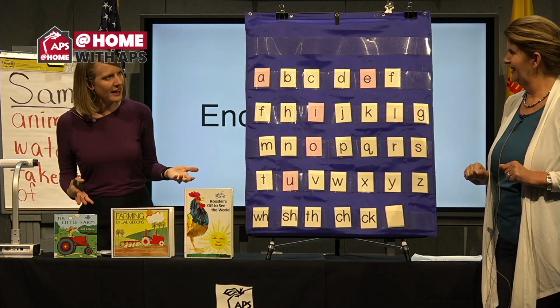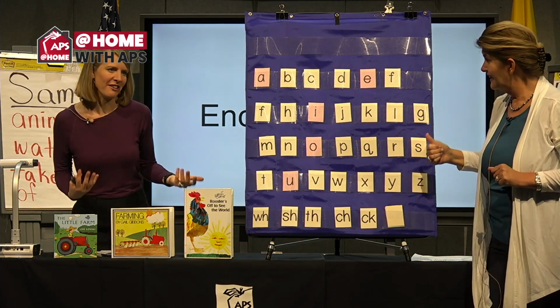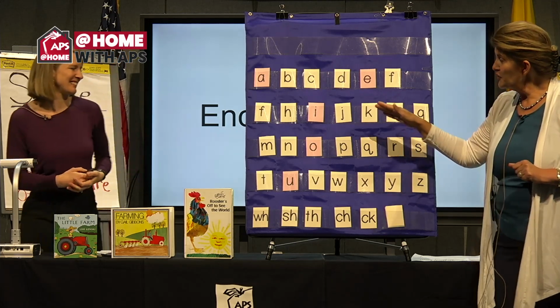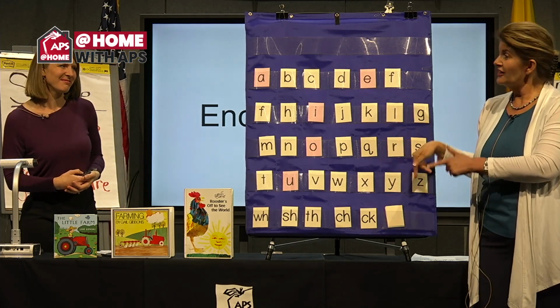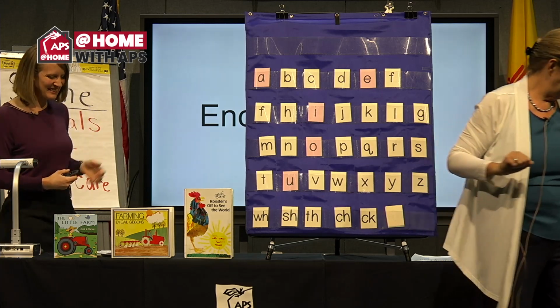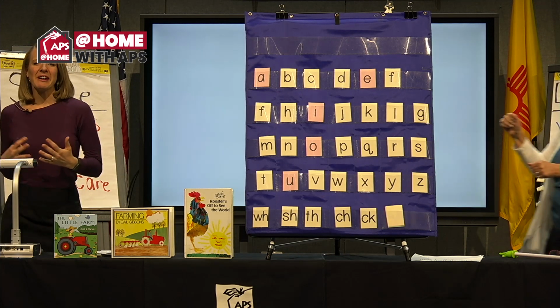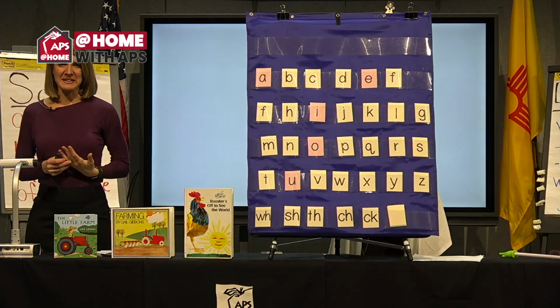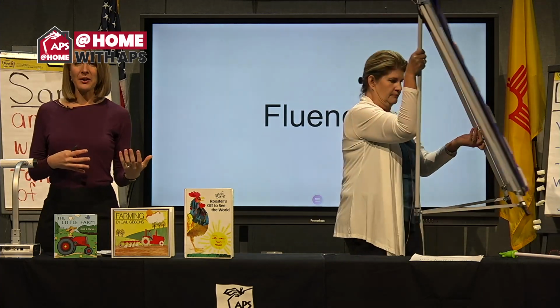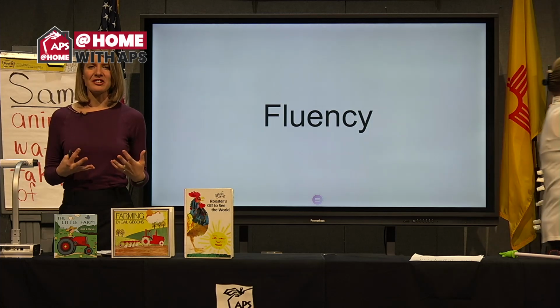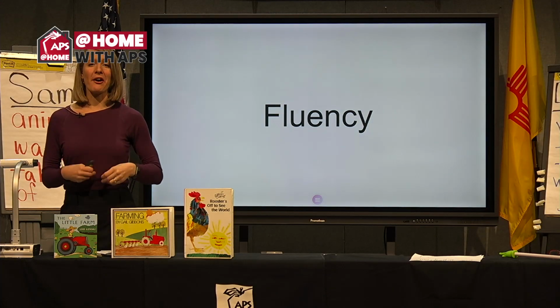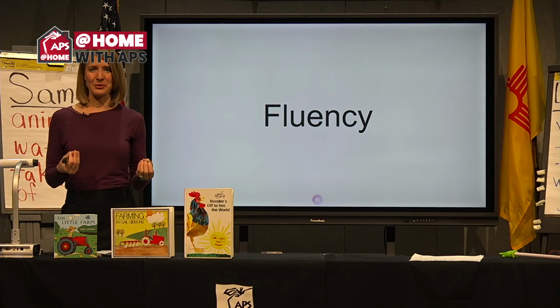Now let's go ahead and move into some fluency for our last 10 minutes today. While you get that started, I'll move our chart and I'll be right back to join you. Fantastic. We're going to be moving into some fluency. While we practice decoding and encoding words, eventually we want to get to the point where we are automatic in recognizing those words.